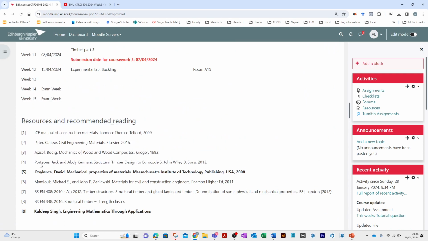There are some books here for further reading. I would say that this module, everything that you need to pass the module is within module content. However, if you want to do a bit further reading, you want to know a little bit more or where a lot of the stuff comes from, these are just some of the books that you can have a look at.